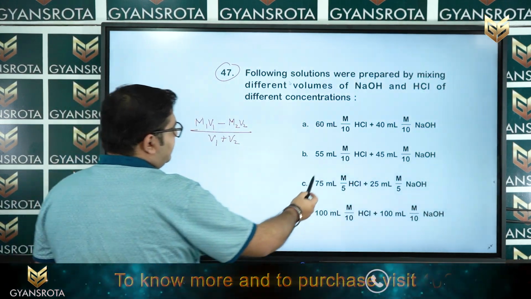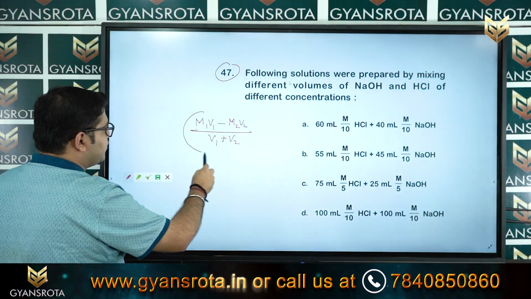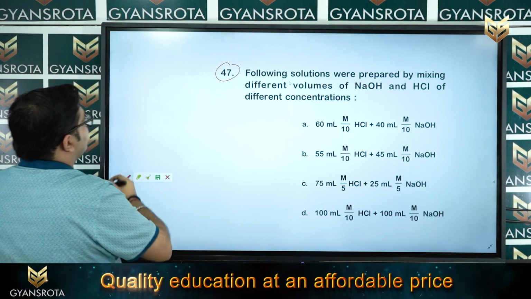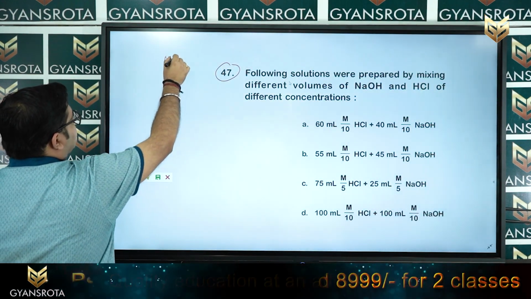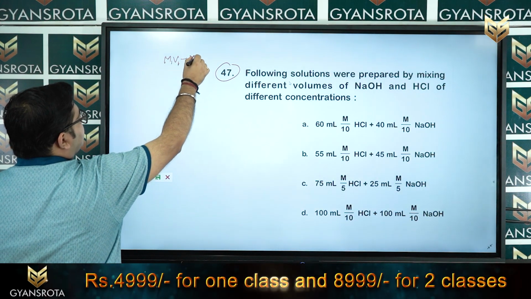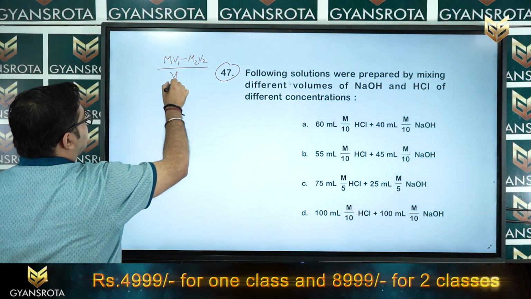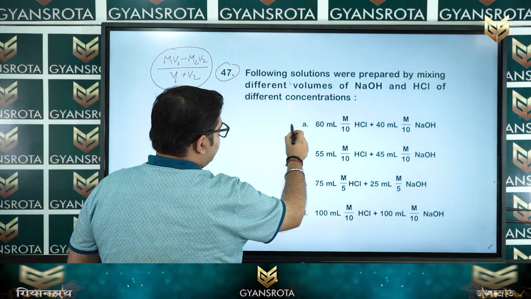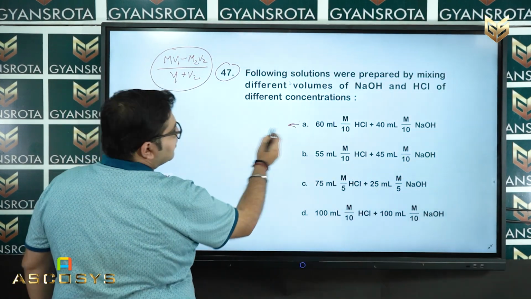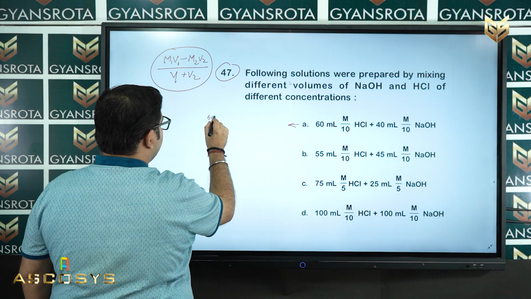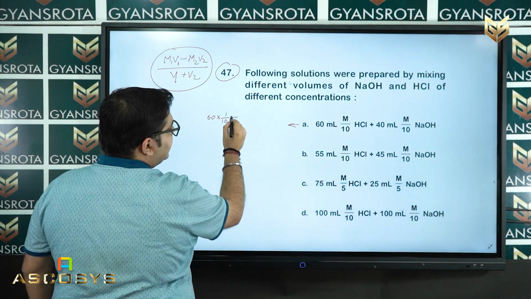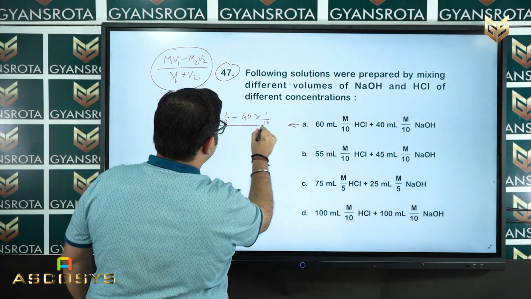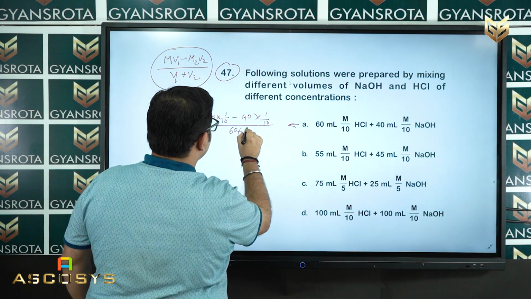Now I am going to rub this formula and write it here: M1V1 minus M2V2 divided by V1 plus V2. For A, the M1 value is 1 by 10 and V1 is 60. So, 60 into 1 by 10 minus 40 into 1 by 10, divided by 60 plus 40.